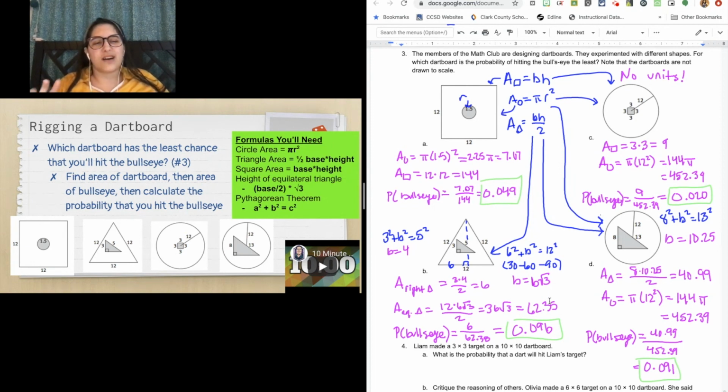So this is a lesson to be careful about using your pictures to make your choice, right? You have to actually show that the math works how it's supposed to, right?